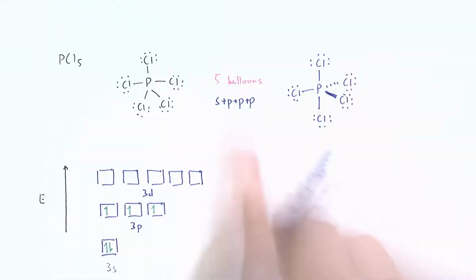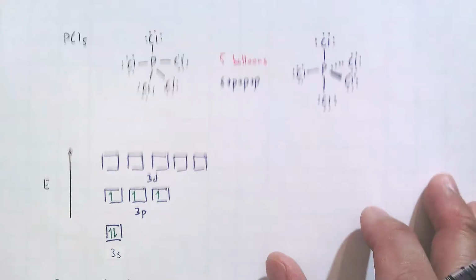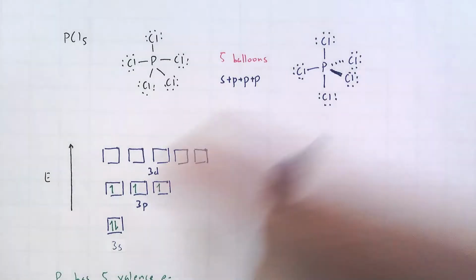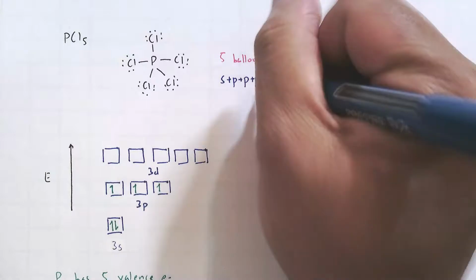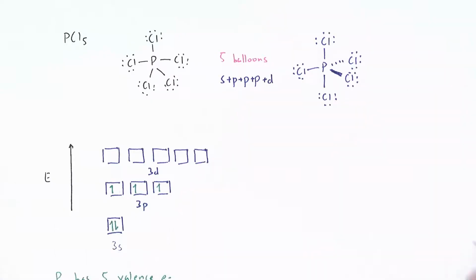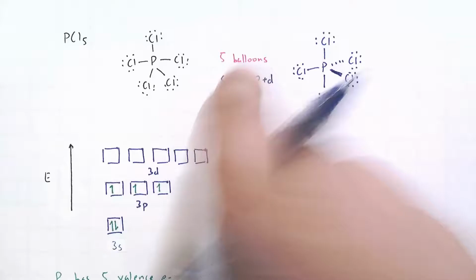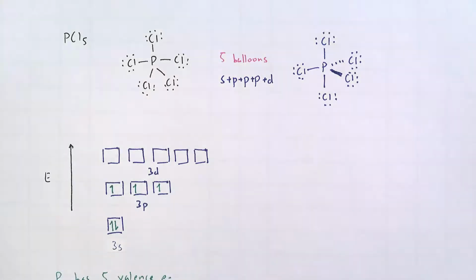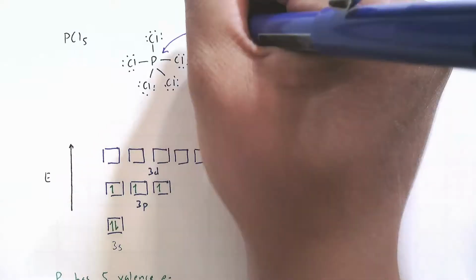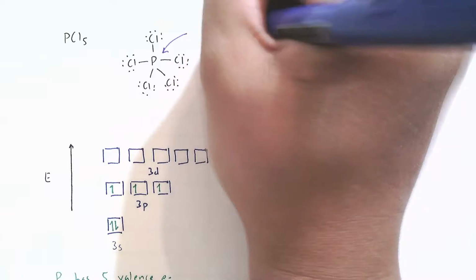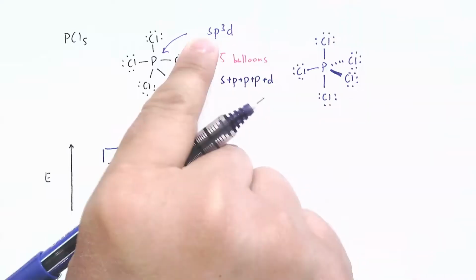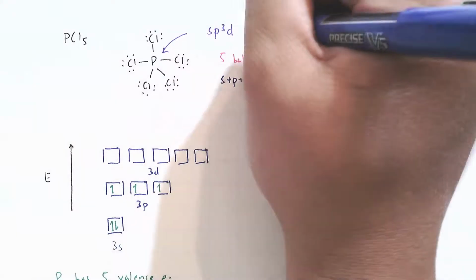There are only 3 p orbitals per energy level. We have to use a d orbital. We're going to hybridize a d. So if you have 5 balloons, that atom in the center is going to be sp3d. 1, 2, 3, 4, 5. And this is hybridized.